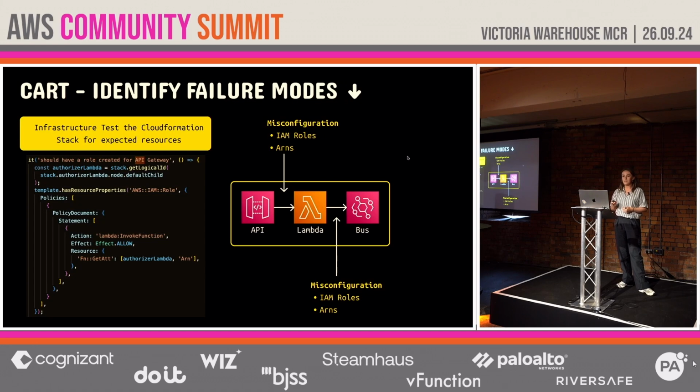A typical infrastructure test for these IAM roles and ARNs might look something like this. The stack hasn't been deployed, but we've got the template, and we're testing that the ARNs are correct. In this case, it's using AWS CDK lib, but you could apply this to whatever infrastructure as code you're using.